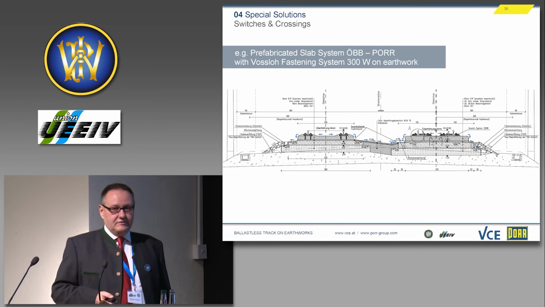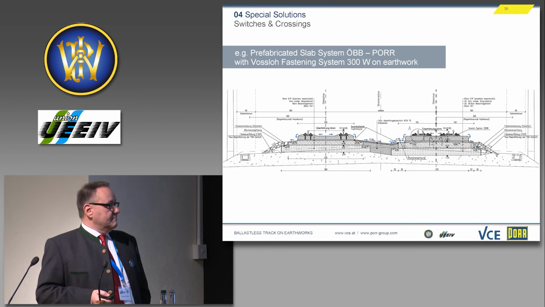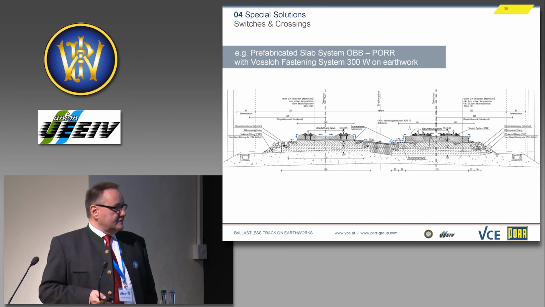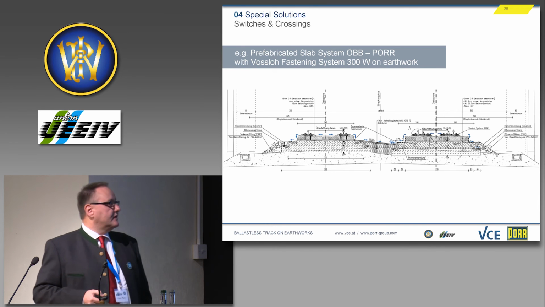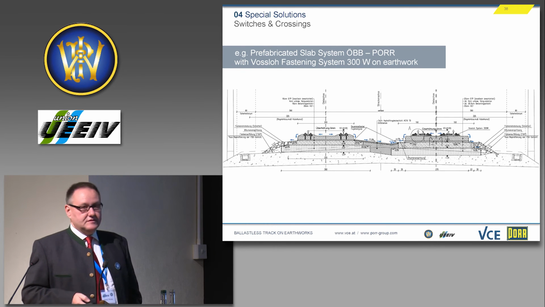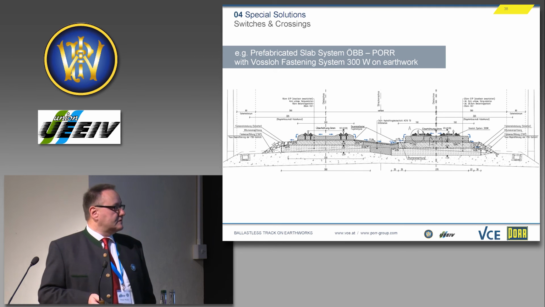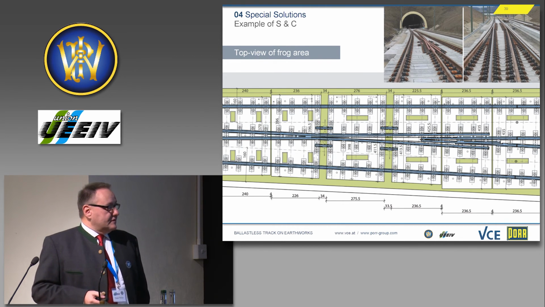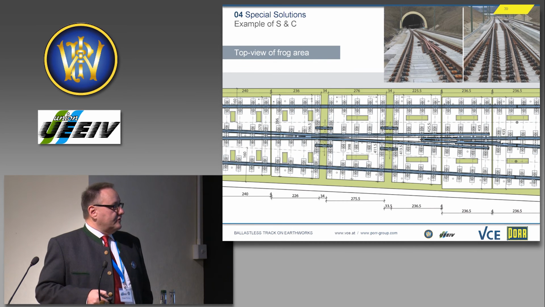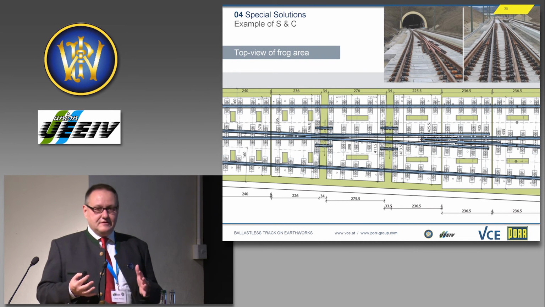Turnouts are a special issue, so we developed this system also for turnouts. You see here a cross section through a turnout area. There we use this 300W system for turnouts as a rail fastening system. This needs a lot of special design work because turnouts are very difficult situations.